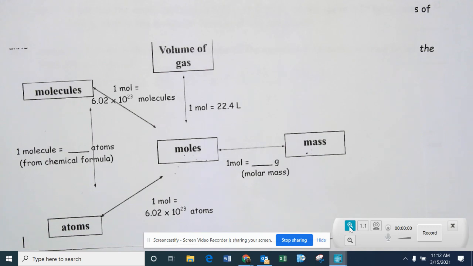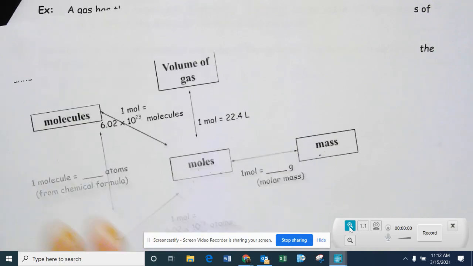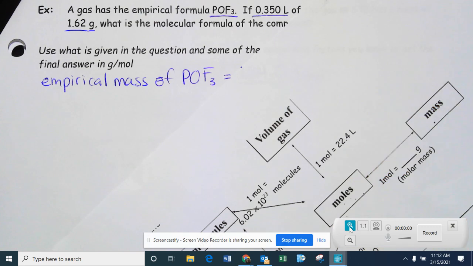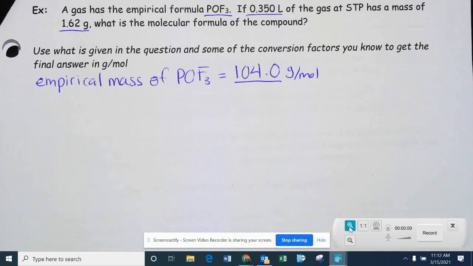You do? What is it? Oh, okay. Empirical mass. Oh, I think I heard it. Yeah, 104. Nice. Okay. So then what we need to do is figure out the molar mass.